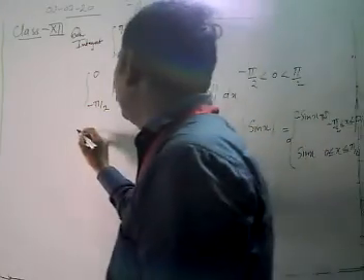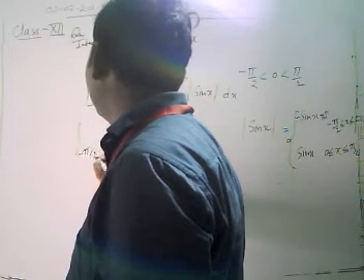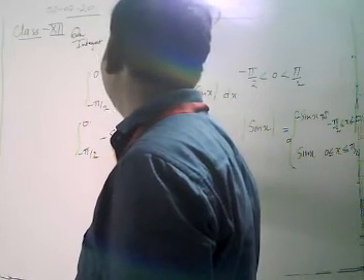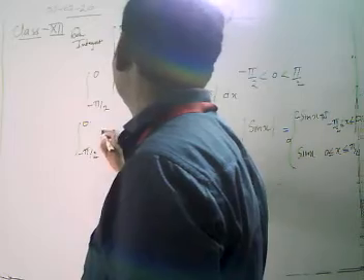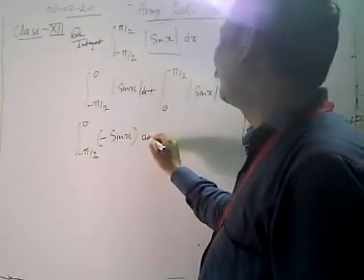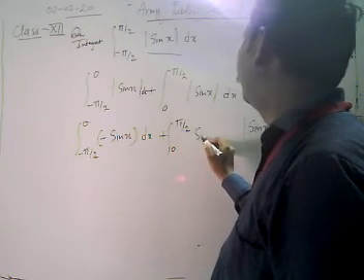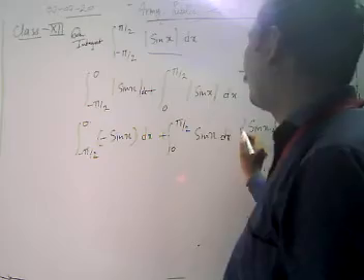So between minus pi by 2 and 0, in place of mod sin x we put minus sin x dx, and between 0 and pi by 2 it is sin x dx.